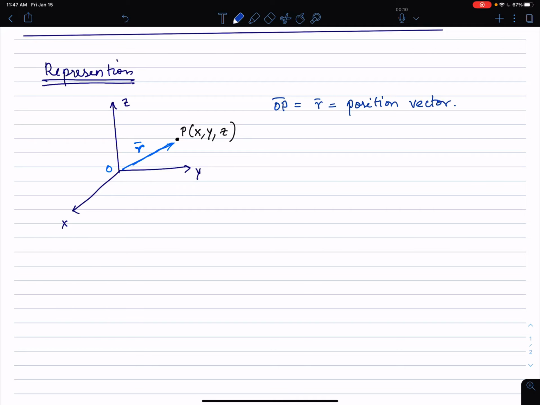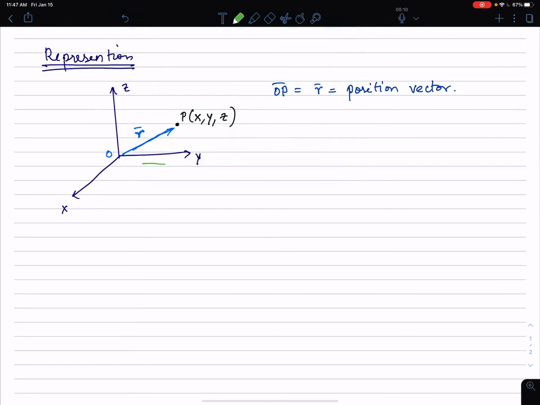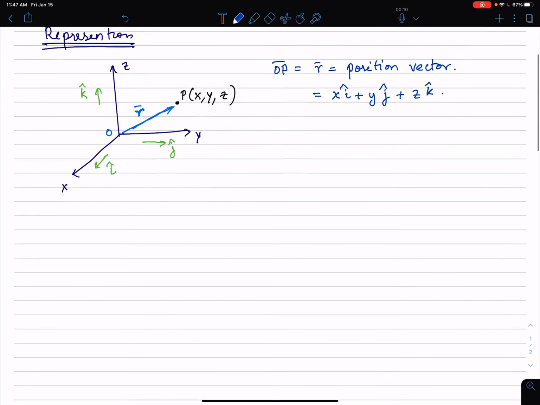And if you define unit vectors i, j, and k, so i, j, k, we have the position vector equal to xi plus yj plus zk. Okay, so that's the position vector.